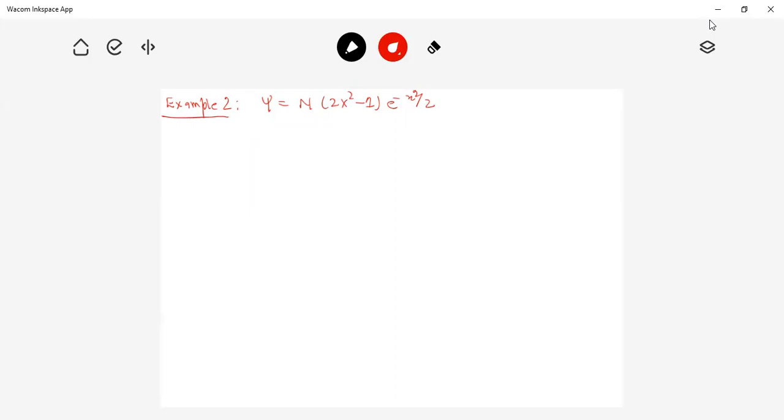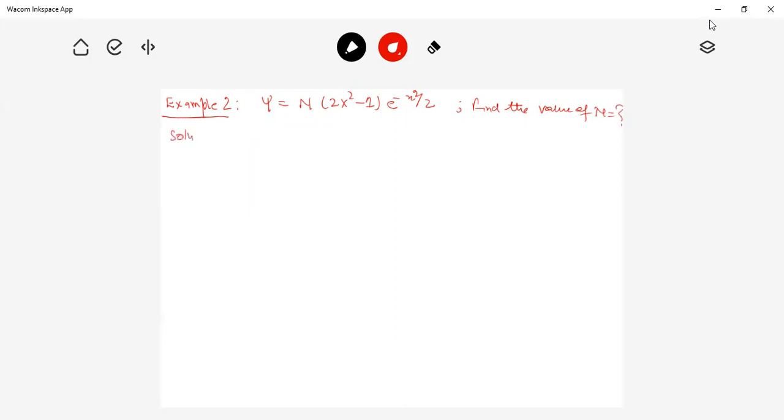Then find the value of N. What is the value of N?